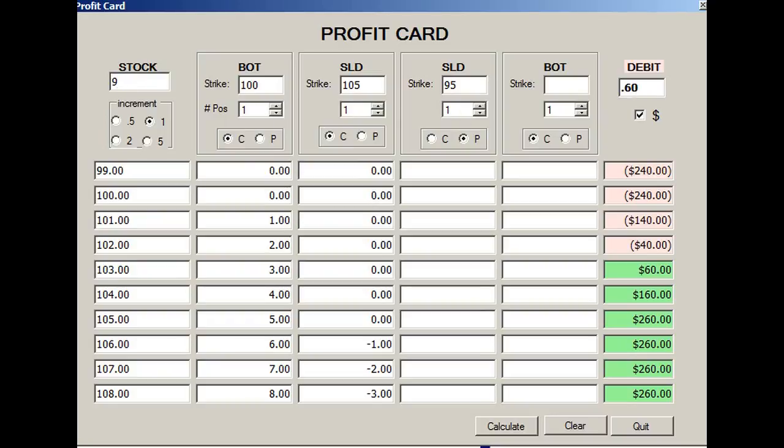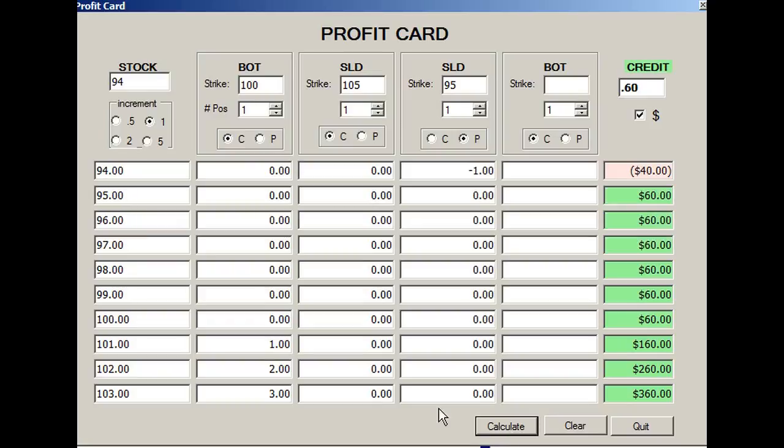Now let's change the stock price and start the counting from, say, 94. Okay, everything looks right here. Calculate, and we can see that our break even now has changed from 102.40 down to less than $95, and that we start receiving what was the max profit under just the spread alone at $102.